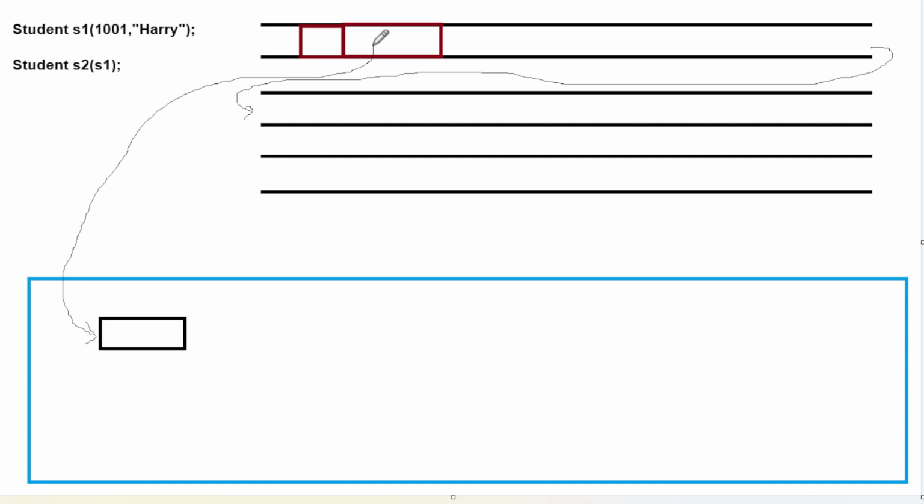So this holds the address, and like before you have 1001 stored here, and in this place it will be the address, in the form of bits, 1010 form, and this space will get the data.